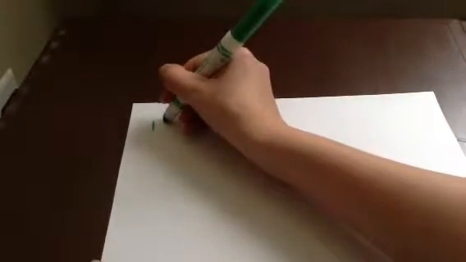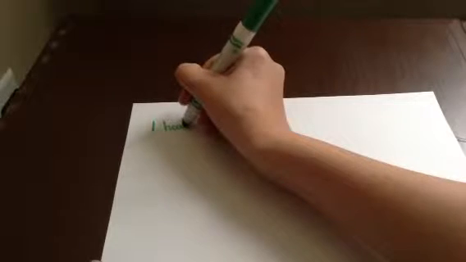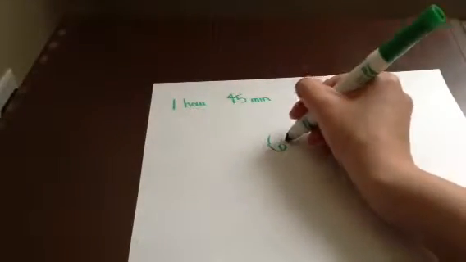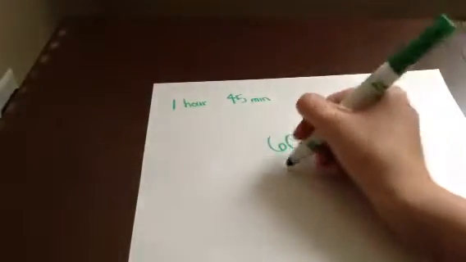Okay, we know that Isaac spent 1 hour and 45 minutes. We know that there's 60 minutes in an hour, so we can go ahead and set up our problem: 60 minutes plus 45 minutes.